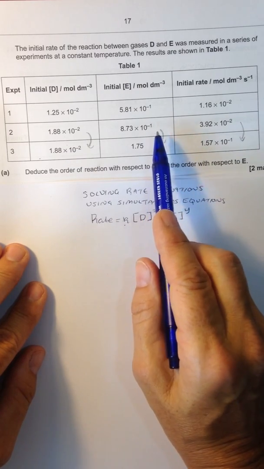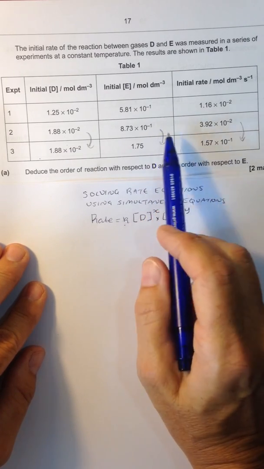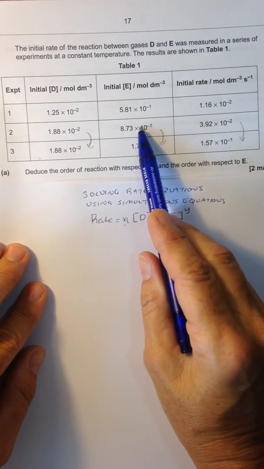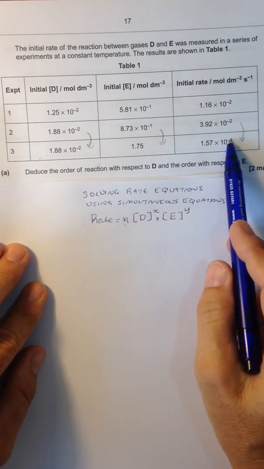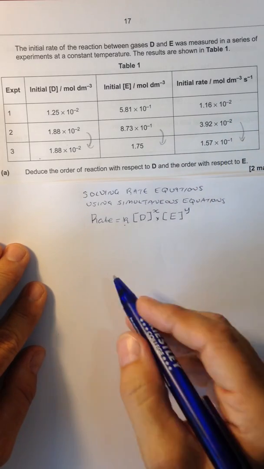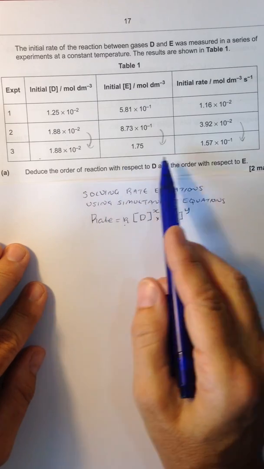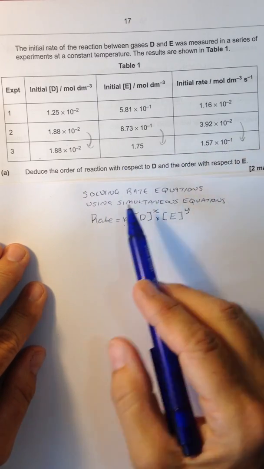So immediately we know we should be able to solve the order with respect to the concentration of E, the effect of changing the concentration of E, what effect does that have on the rate. So what we do is we choose experiments 2 and 3. Since the rate is larger in experiment 3, we're going to put that one on the top.